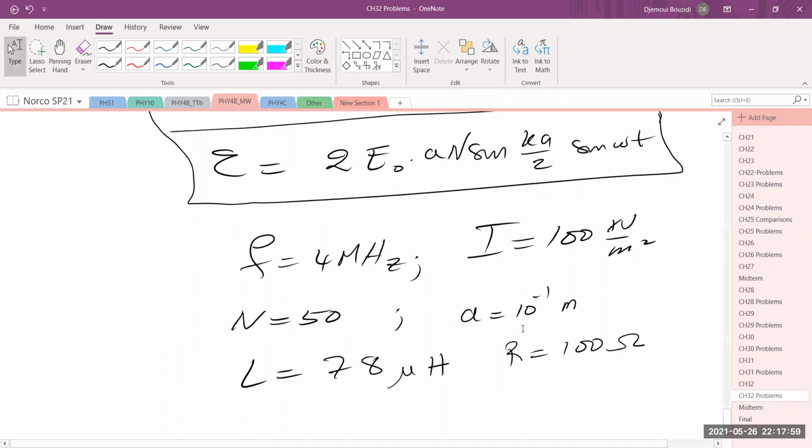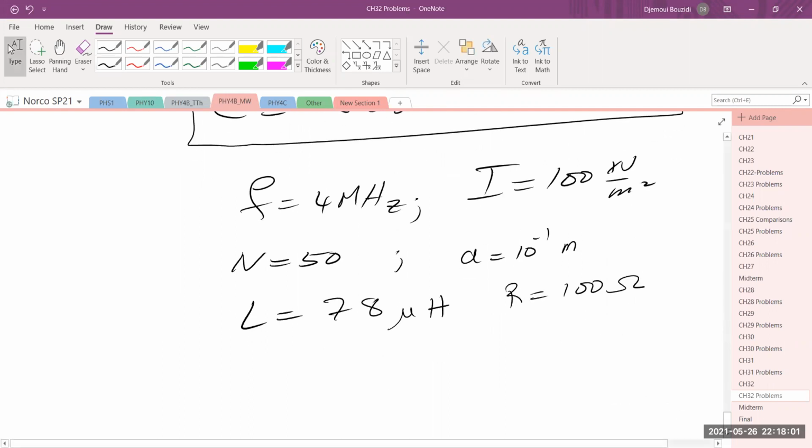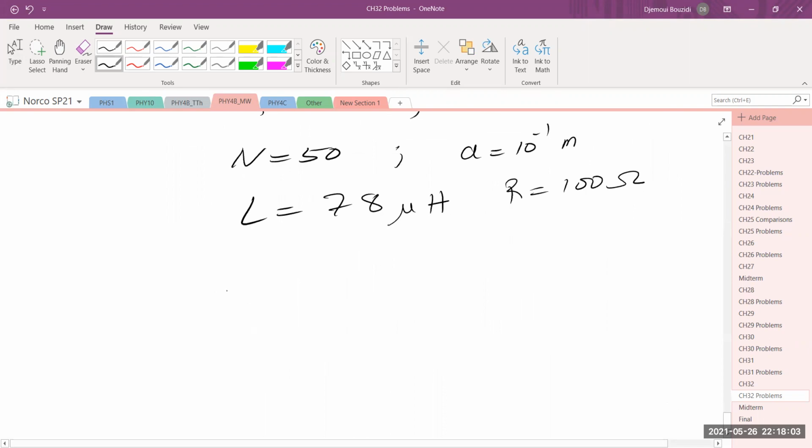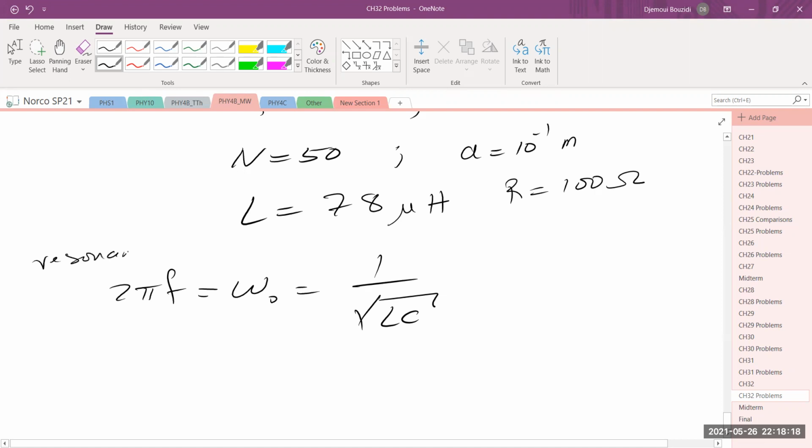That means this frequency of 4 megahertz, namely omega naught of the circuit, must be equal to 1 over square root of LC, and omega naught must be 2 pi f, where the f is what's given to us. Since we have L, we can find C from here, so this is the condition of resonance. Okay, that's how antennas work. They work at resonance, because otherwise, what's the point in here? That's the maximum signal. Remember from the curve that we did for the resonance, that is where it's peaked.